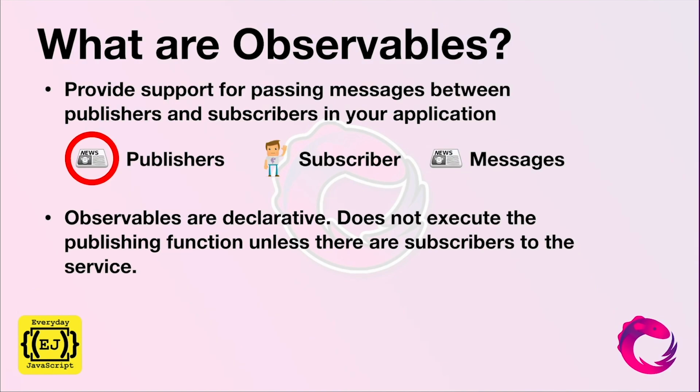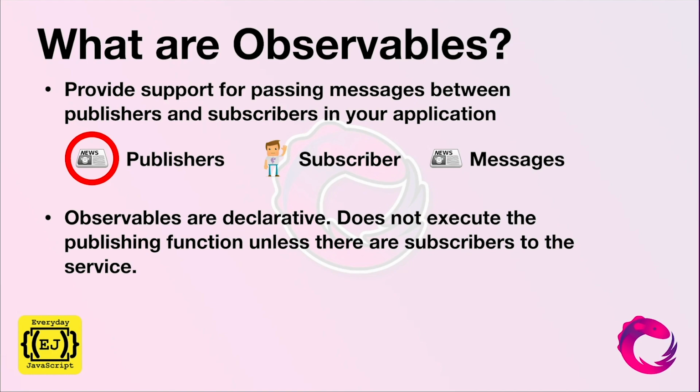So if I were to say it in programmatic language, observables provide support for passing messages between publishers and subscribers in your application. So in our case, the publisher was the newspaper agency, the subscriber was you, and the message was the newspaper that you receive every day. And you consume that information and then you decide what you need to do.